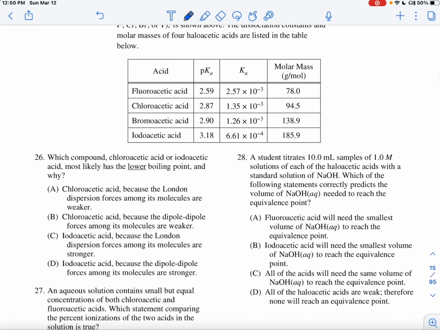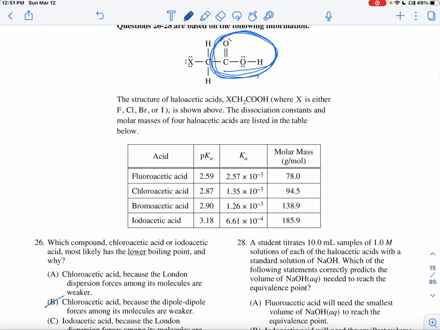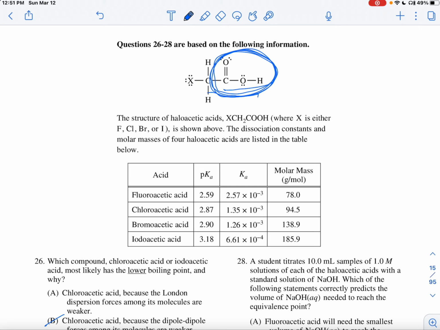Okay, so I would get rid of anything that talks about dipole-dipole or hydrogen bonding. So that takes B and D. Again, the reason I would do that is because it's the same for all of them. The dipole-dipole forces are not going to be stronger or weaker because it's the same. That's where the dipole-dipole forces are going to be.